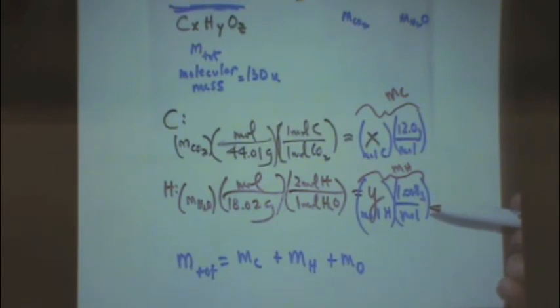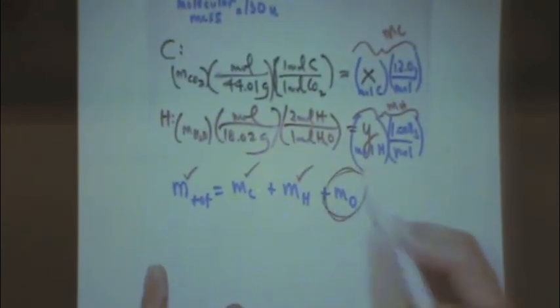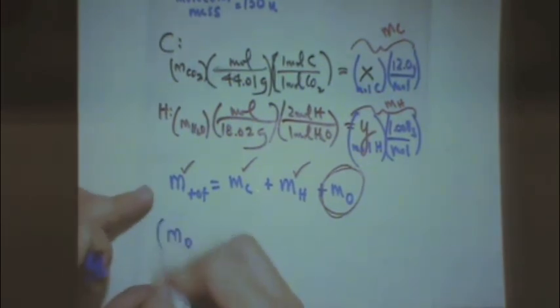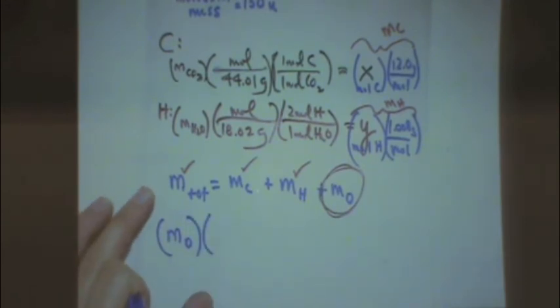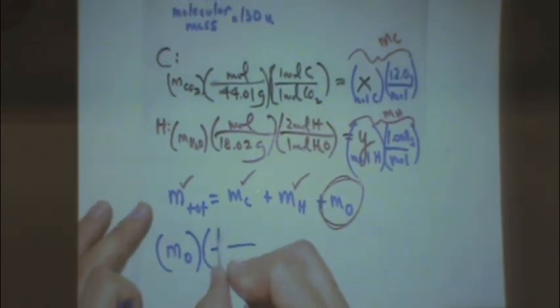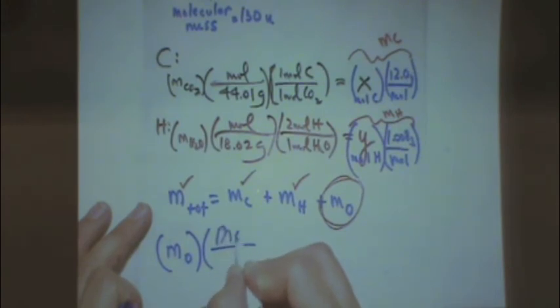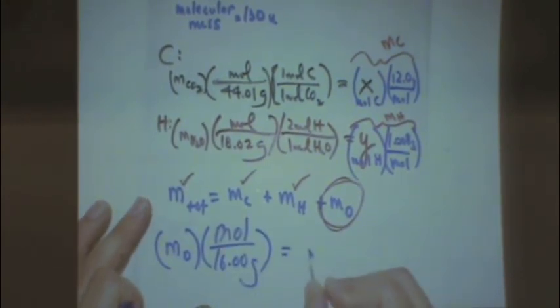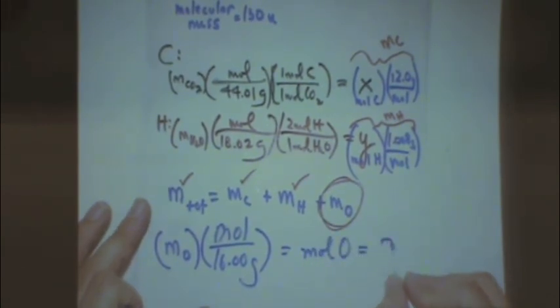Once I make the conversion to grams here from Y, I have the mass of hydrogen. The mass of carbon is known, mass of hydrogen will be known, and total mass will be given. I want to find the mass of oxygen. Once I find the mass of oxygen, remember my key unit is moles, so I'm going to go to moles using 16.00 grams per mole. And this will give me the moles of oxygen, which is Z.